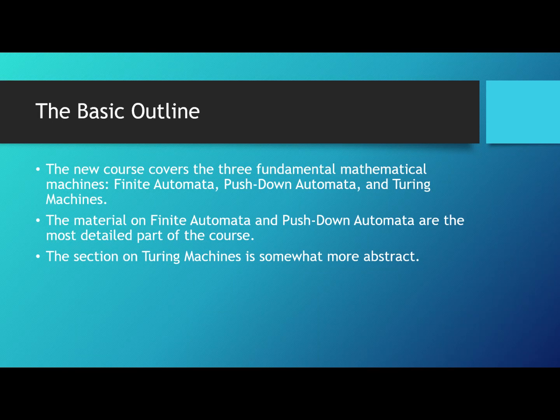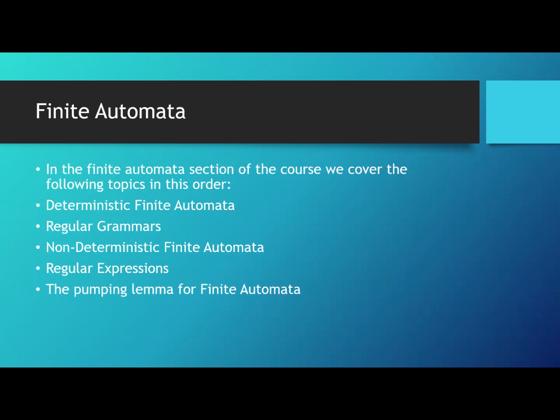The new course covers three fundamental mathematical machines: finite automata, push-down automata, and Turing machines. The material on finite automata and push-down automata are the most detailed part of the course. We cover Turing machines only lightly and in a somewhat more abstract way.